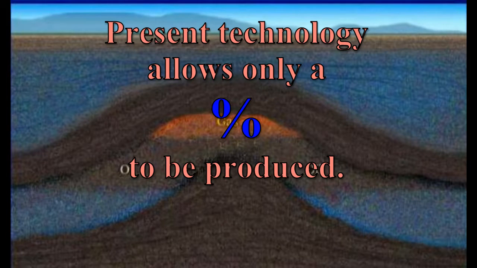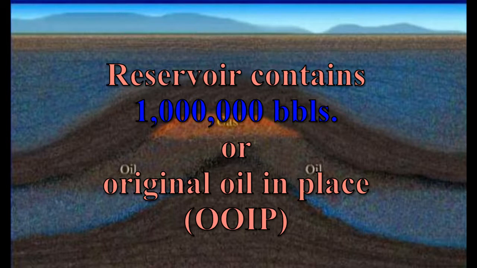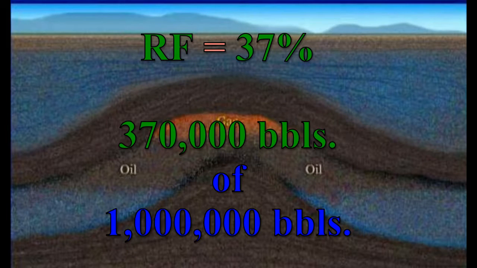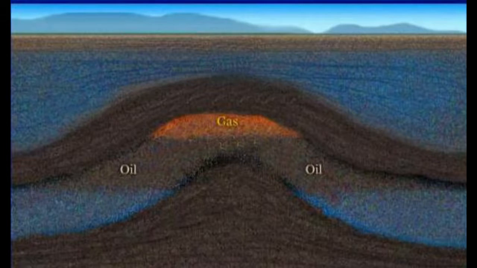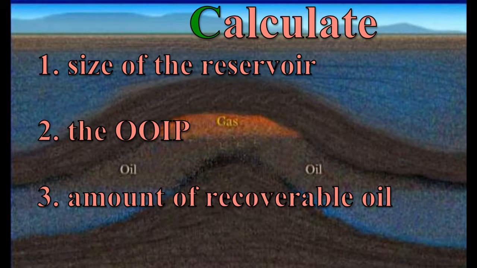If the reservoir contains an estimated 1 million barrels of oil, or original oil in place, OOIP, and our RF, or recovery factor, is 37%, then we estimate that we can produce 370,000 barrels of that 1 million barrels of oil. This is called our RF. Later in this lecture, we will discuss ways to calculate the size of the reservoir, the OOIP, and then calculate the amount of the recoverable oil we can expect.